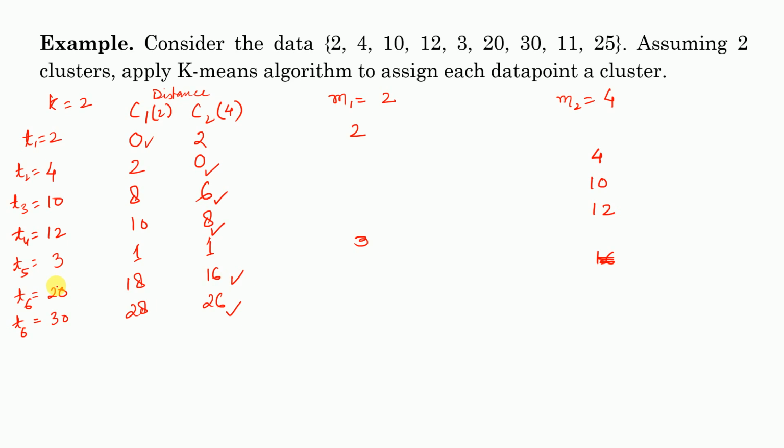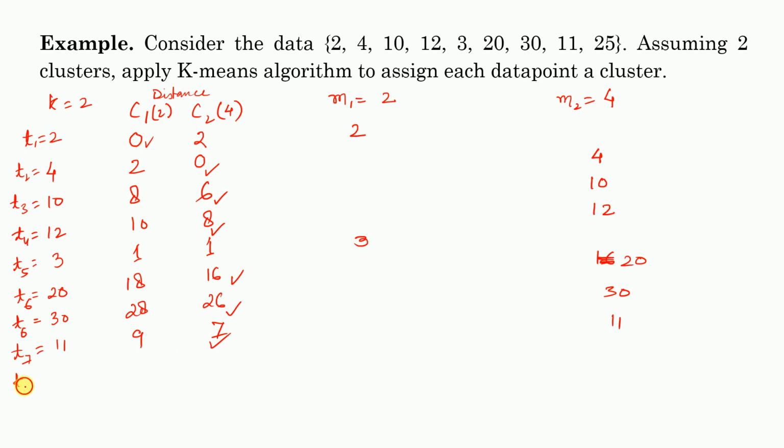Actually the point is here 20 and this point is 30. Now T7, 11. This distance is 9 and this distance is 7. Minimum is 7. So this point is assigned to the second cluster.